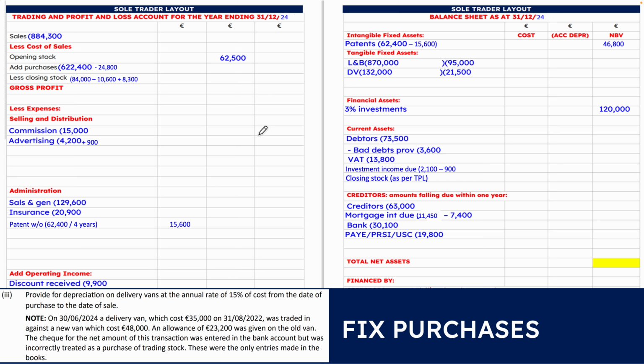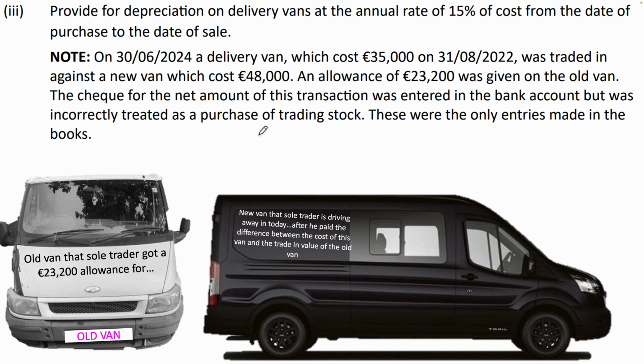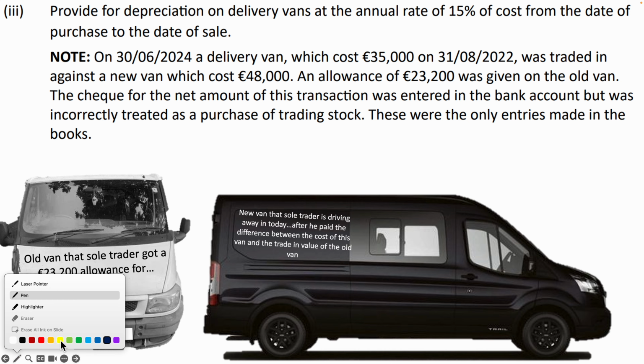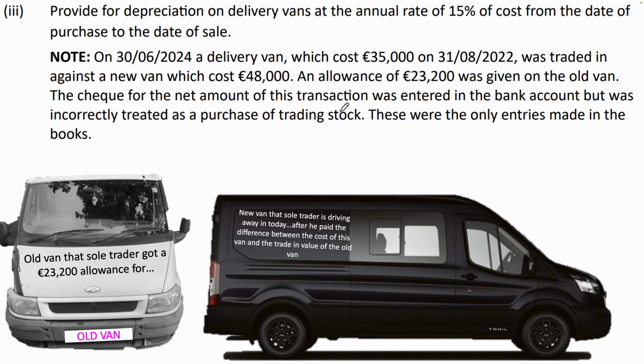So lots of information given to us here. One of the huge mistakes is that nothing has been entered at all bar a mistake. It said here that the cheque for the net amount of this transaction was entered in the bank account but was incorrectly treated as a purchase of trading stock, and this was the only entry made in the books.